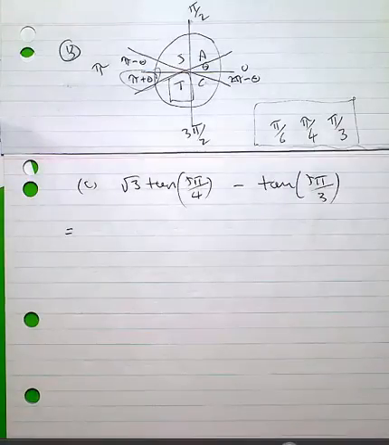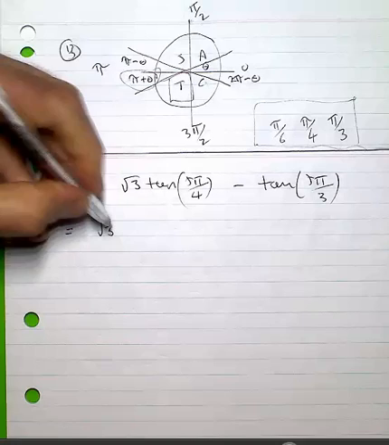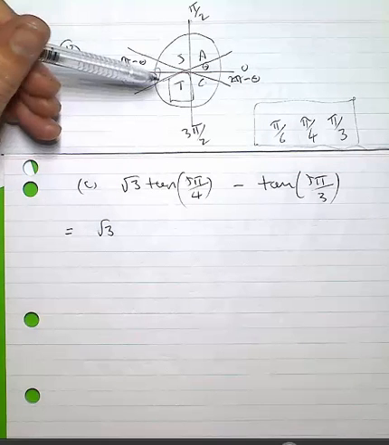In the case of C, we've got root 3 times tan of 5 pi on 4 minus tan 5 pi over 3. First thing I've got to do is identify the quadrants that these are in.